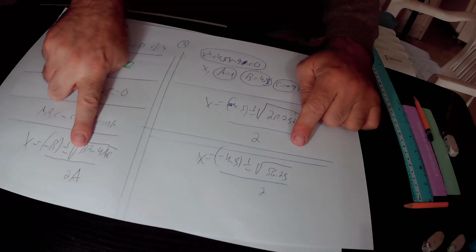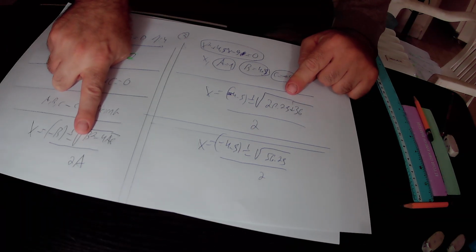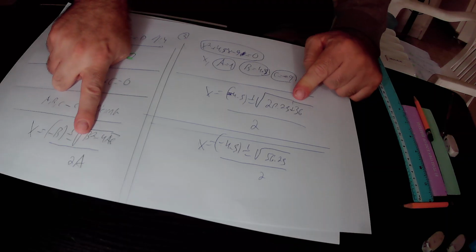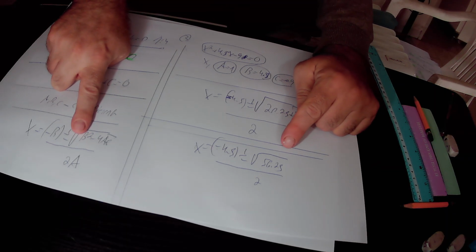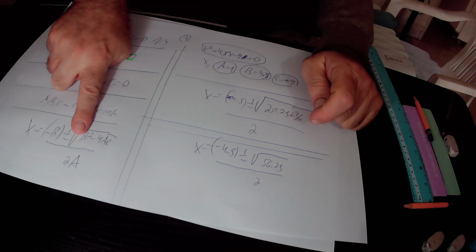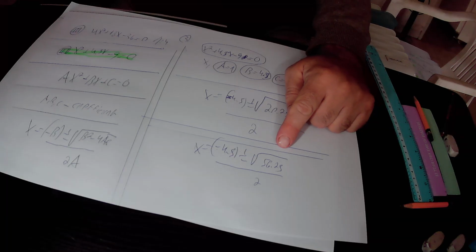So in total, we found that x equals minus 4.5 plus minus the square root of 20.25 plus 36, which equals 56.25. So inside the root, we are left only with 56.25, divided by 2. And the square root of 56.25 is 7.5.